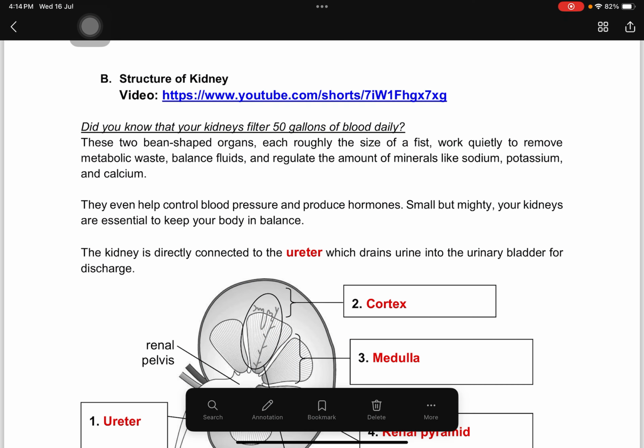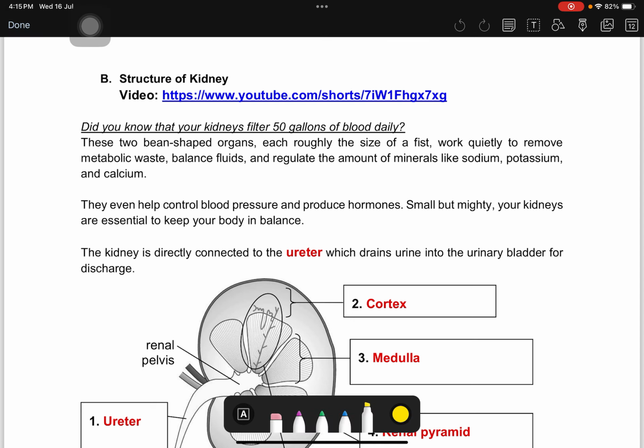Alright, so our kidneys are very fantastic organs. It's so small but very mighty. It is able to filter up to 50 gallons of blood daily, and it works effectively to not just remove waste but also balance water, fluid, and also regulate the amount of minerals as well.